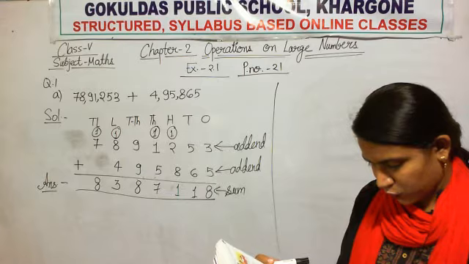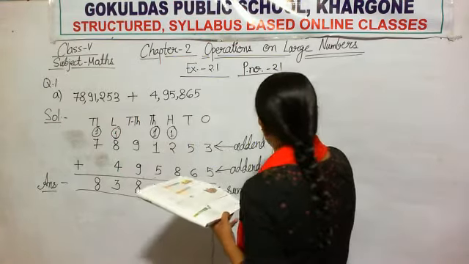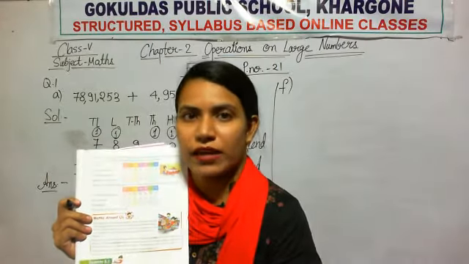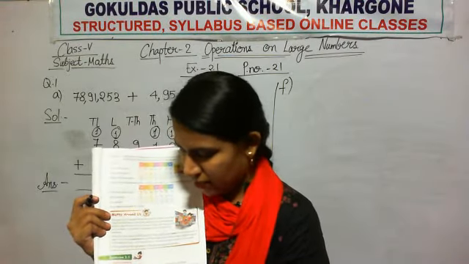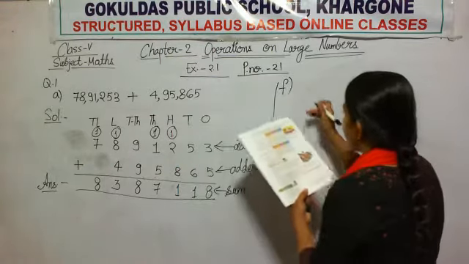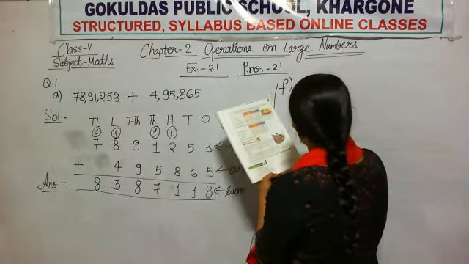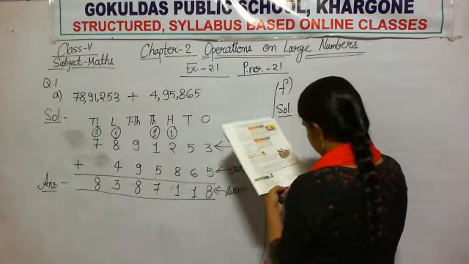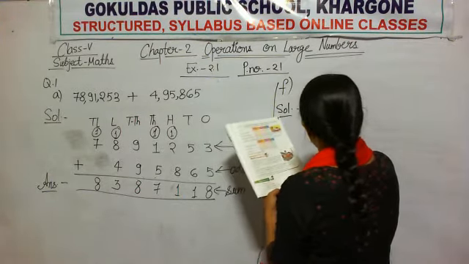Now I am doing question number F. I have done A. The remaining, that is B, C, D, E, you have to do by yourself. Okay, so let's do F. I am directly arranging in column form: lakhs, 10,000s, thousands, hundreds place, tens place and ones place.